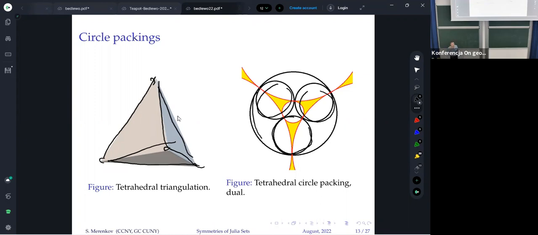Because we start with a triangulation, there is a well-defined dual circle packing. The triangulation tells me that there are these triangular interstices, and you take the 3 points of such a triangular interstice and a circle through those 3 points. So the red ones are parts of circles of the dual circle packing.